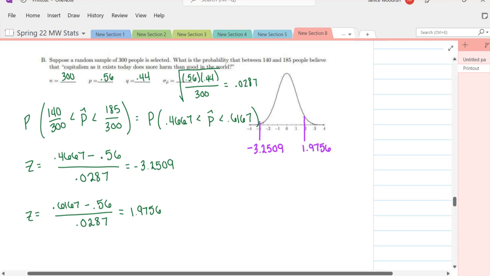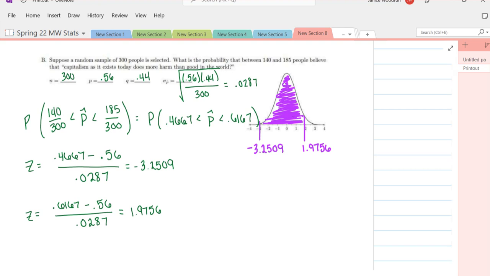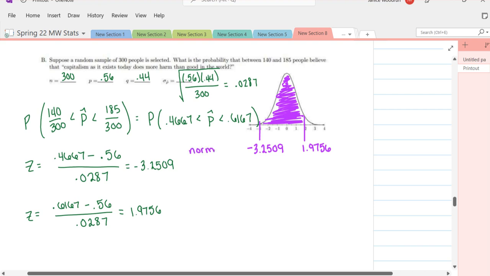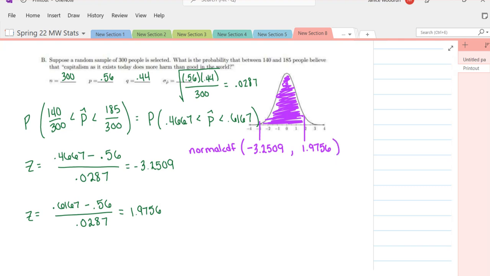Okay, so this is what we're looking for, all of this area in here. So that should be close to probably between 95 and 99%. But we'll go normal CDF with these values. So lower limit, upper limit. And let's see what that gives us.